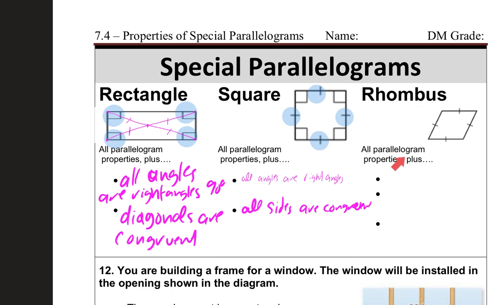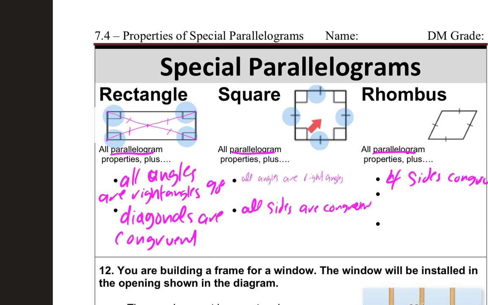Then on a rhombus, we said the rhombus was all the same. It is a parallelogram. This is a parallelogram, that's a parallelogram, that's a parallelogram, plus all four sides are congruent. That's the indicator right there. But the angles are not necessarily right angles, so we don't know that.